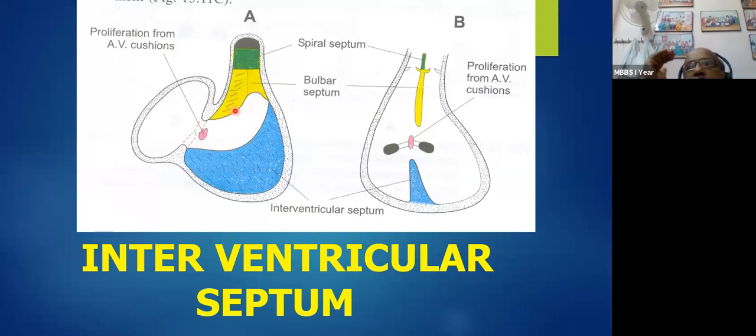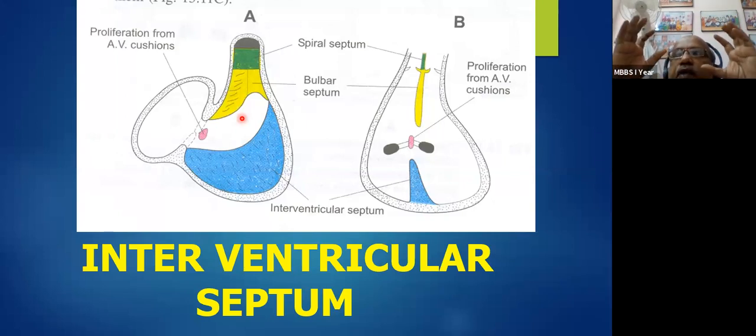So the ventricular septal defect is more common in the membranous part only. As we have fusion of your AV cushion, bulbar septum as well as your muscular part, the interventricular septal defect is more common in the membranous part. If you take your interventricular septum, first thing you should know is we have the larger muscular part, the lower part, and the upper part is membranous.